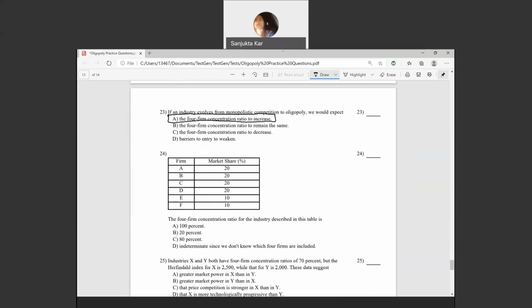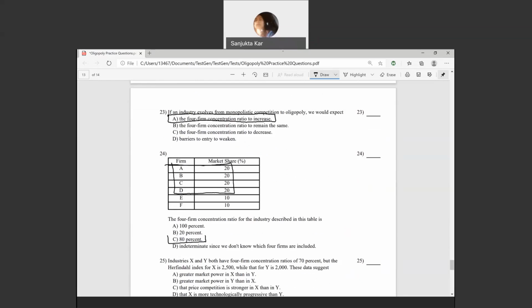The next one, question 24, the 4-firm concentration ratio for the industry described in this table is going to be how much? So I'm going to look at the market share of the first 4 largest firms in this industry. So this will be 20, 20, 20, and 20.